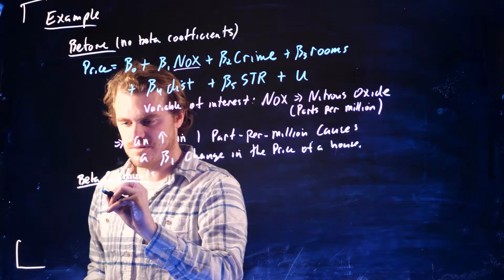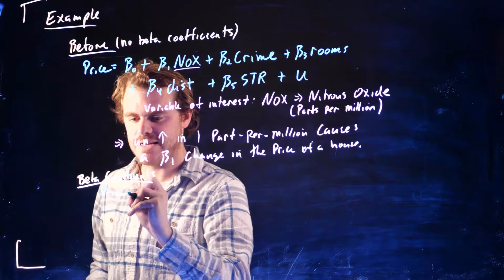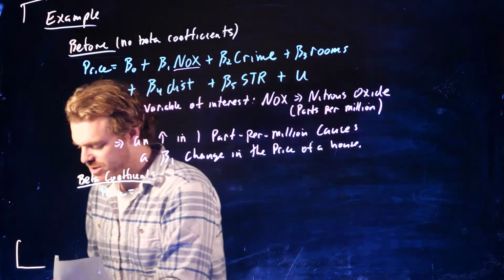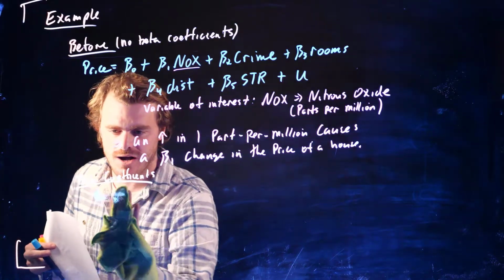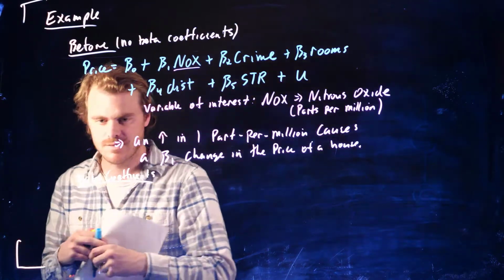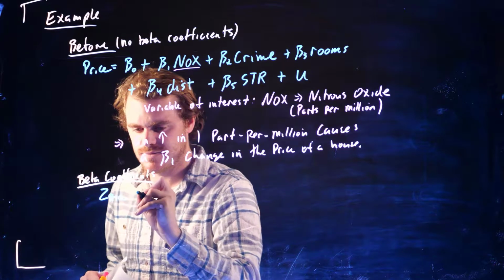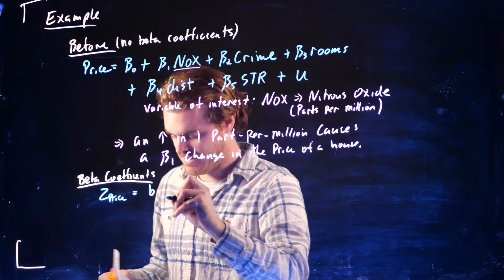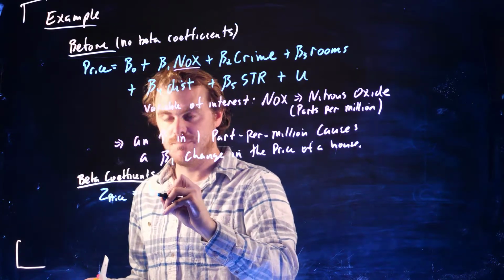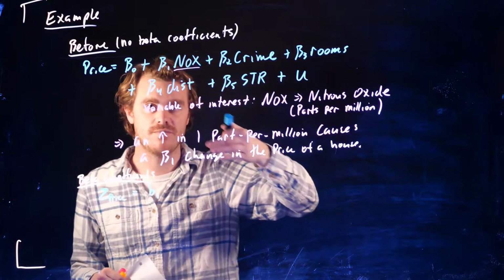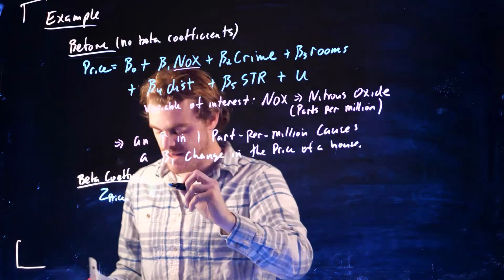So I'm just going to write price out again, but now this is the z-score. Maybe I should put z-price to make it more obvious that it's the z. That's the transformed variable. Z-price equals B1, assuming that we're standardizing all the variables, there'll be no intercept.